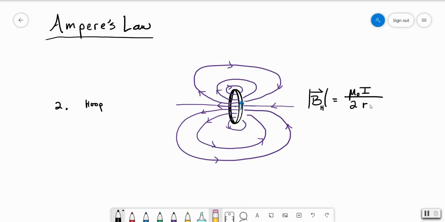What does R represent here? We do not want R to represent some distance far away or some distance a little bit close to the wire. Instead, and as a matter of fact, it's probably better to go ahead and write it as a capital R, we want this to represent the actual radius of the hoop itself.